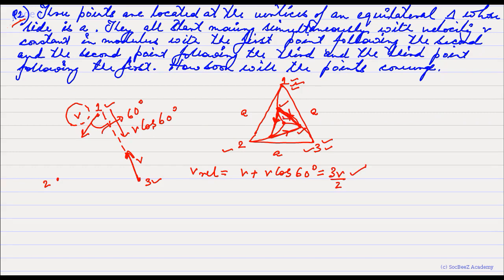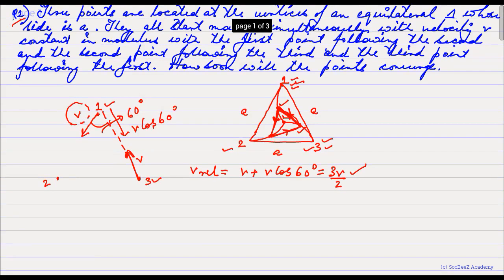So basically we can say that the distance between the first and the third particle is decreasing at a constant rate. If at any instant of time the distance between the first particle and the third particle is s, then minus ds by dt is equal to 3v by 2, minus ds by dt because ds by dt is a decreasing number in this case.